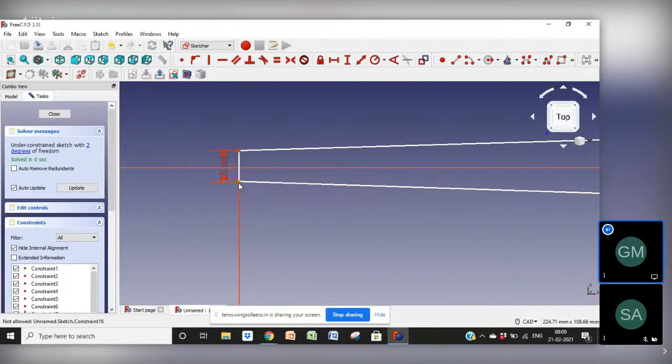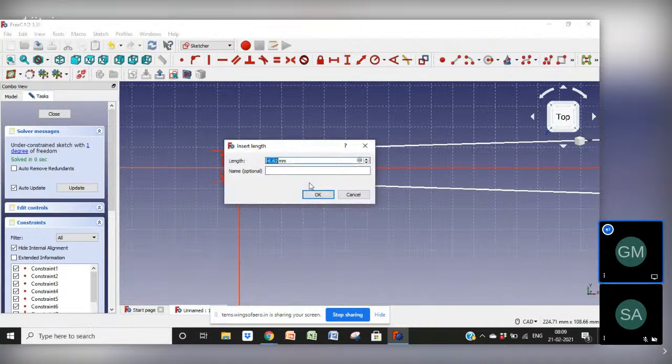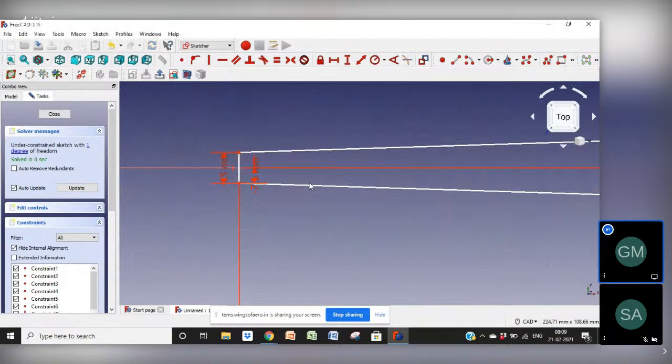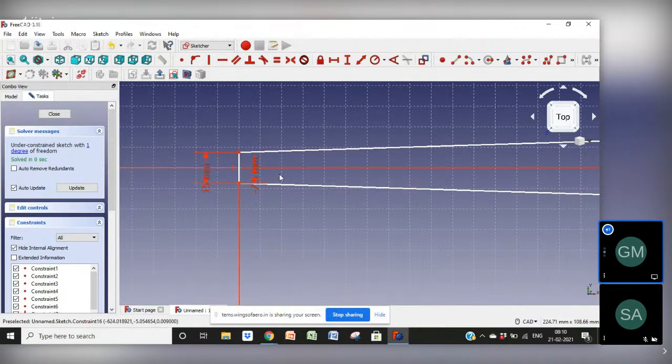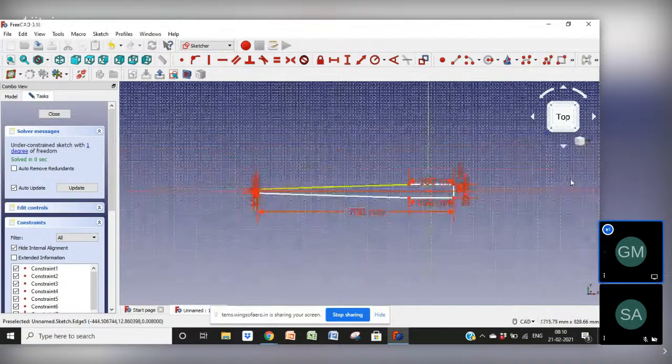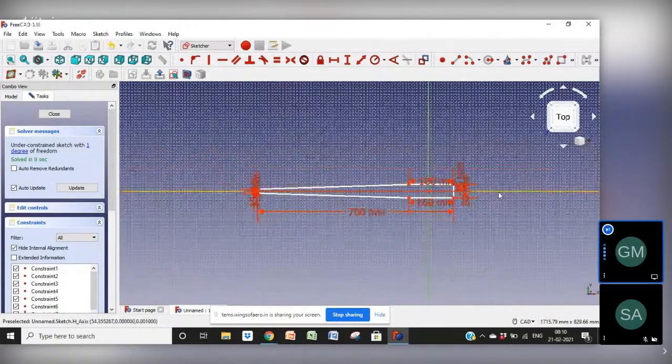I have found it. Now this vertical dimension, to make it the half of 15, would be 7.5. Fine. Now it is symmetric about this axis. Okay, again zoom to fit. Here we go.